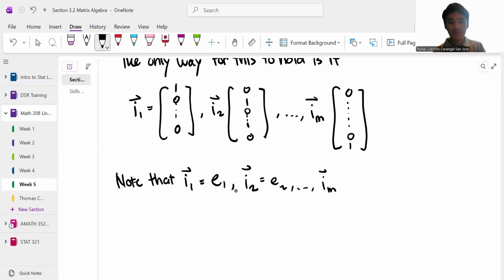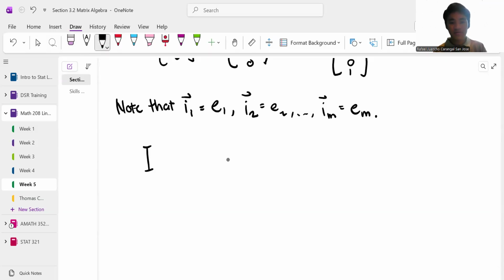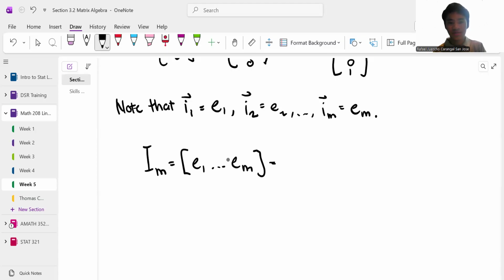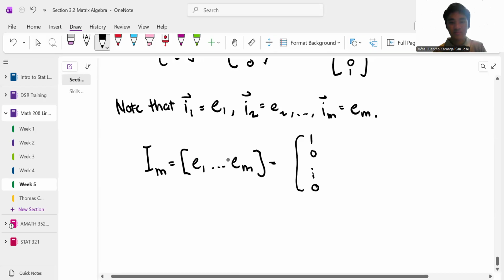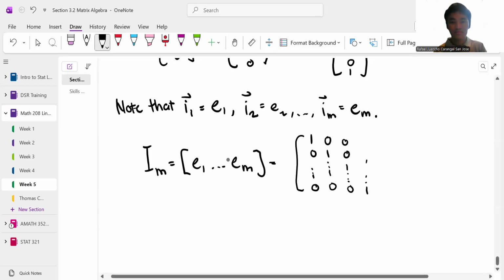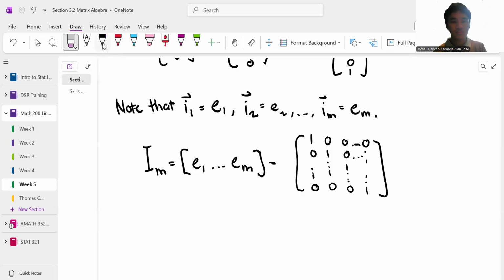We keep going, I sub M is the same thing as E sub M. So we define this I sub M as just the columns E sub 1 to E sub M, which is just this guy over here, with 0s and 1s. Cool. So that's the identity matrix.